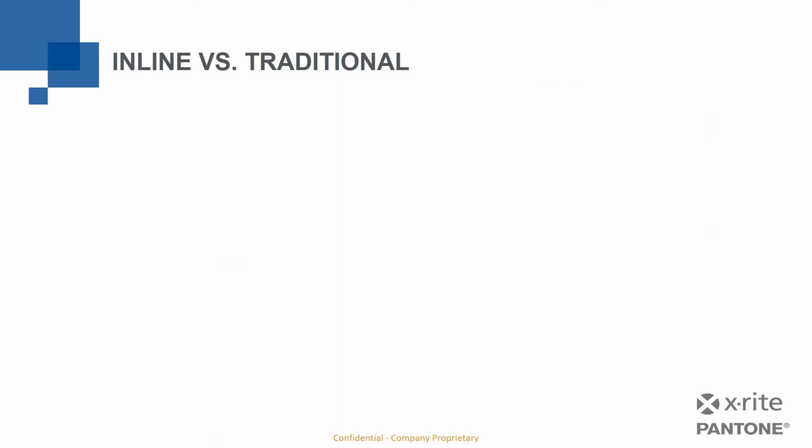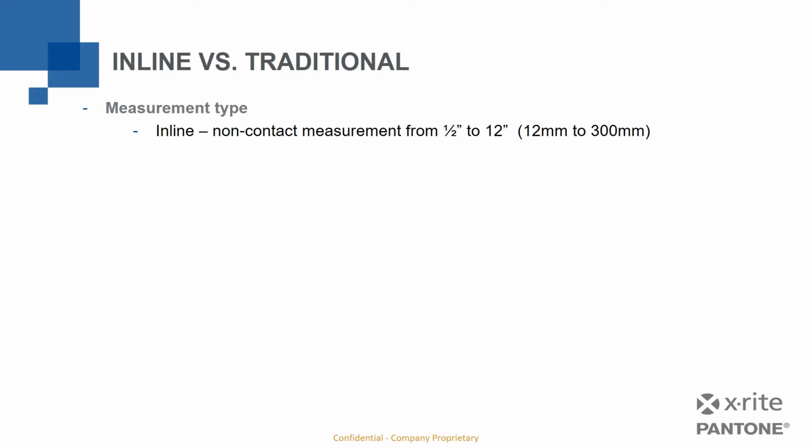So what's the difference functionally? Well, let's talk about measurement type. And I say type meaning how does the instrument measure the sample? With inline, we are doing non-contact measurement. Which inline device we would consider will depend on what you're measuring and the application.